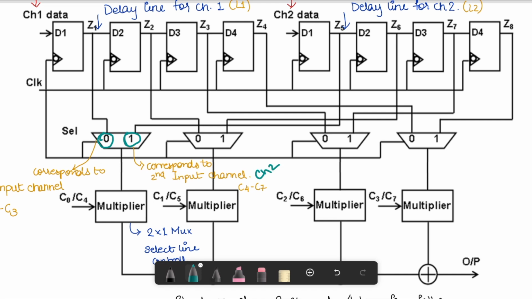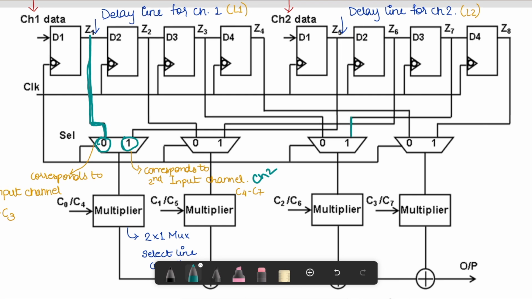In case select line 0 is selected, then the output would be the data on channel 1, and in case 1 is selected, the output would be the data on channel 2, or the computed data on channel 2.